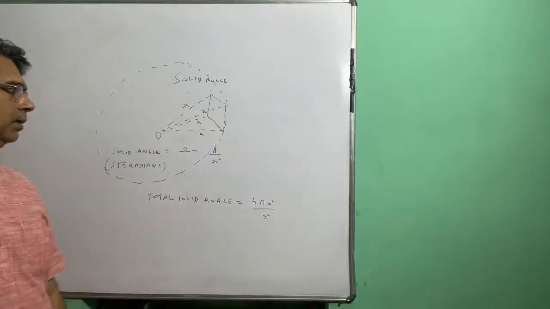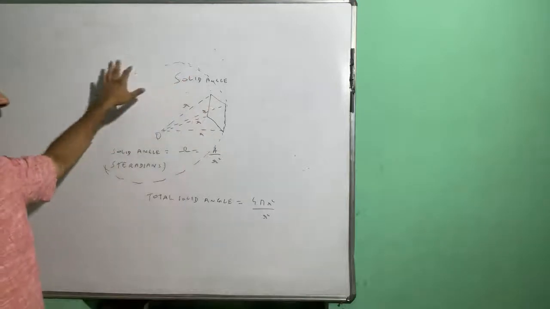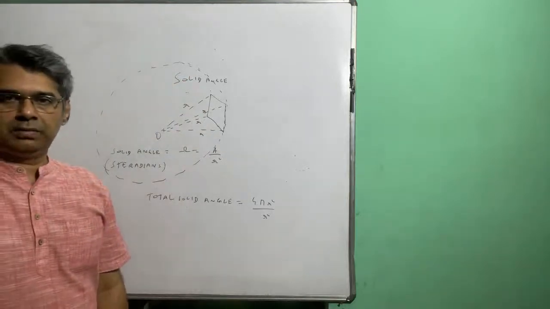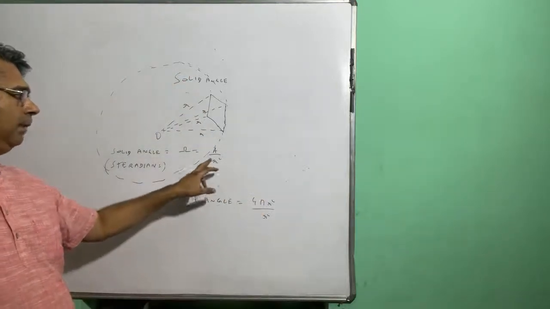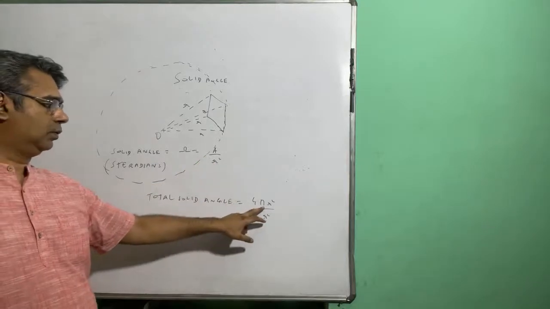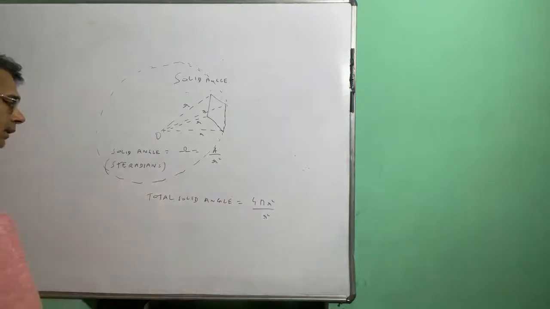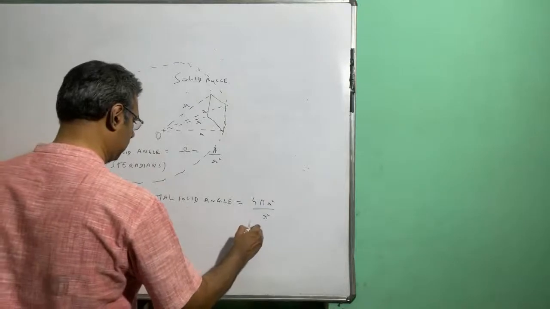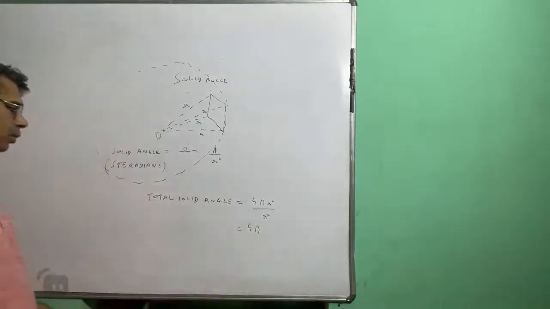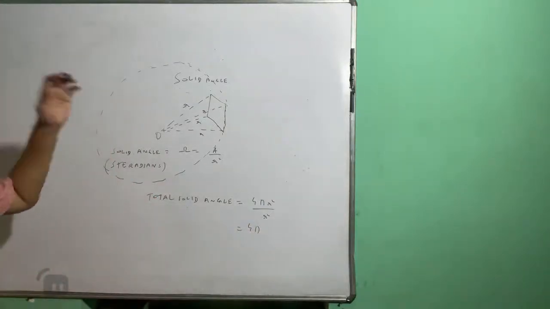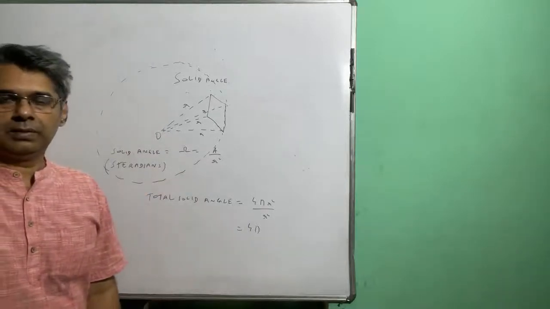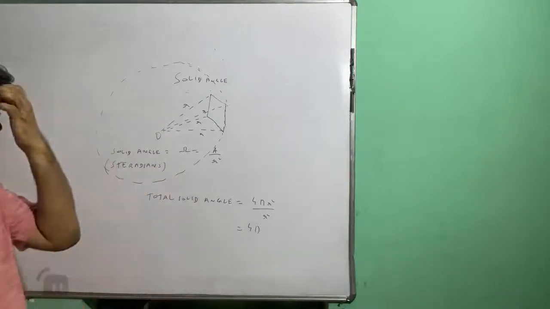Because the total area will be the curved surface area of the sphere, that is 4 pi r square, divided by r square. So r square will get cancelled and it will become 4 pi. So the total solid angle at the center of this particular sphere will be 4 pi.